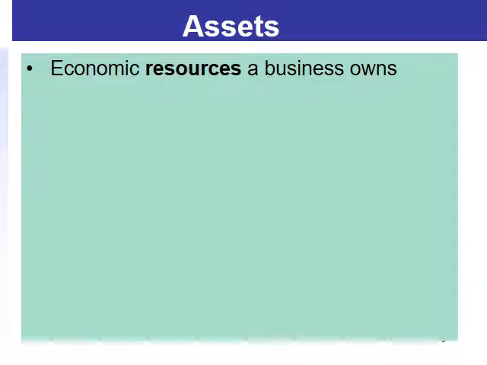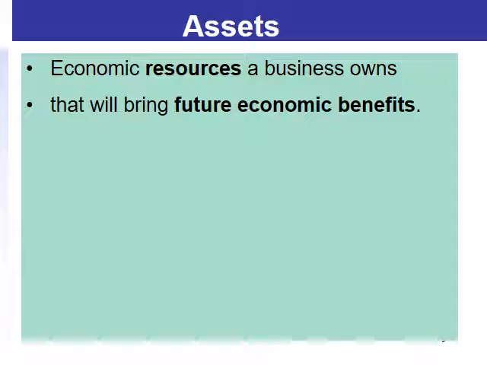Let's look at one of the elements, assets. Assets are economical resources a business owns. Basically, it's owned by the business. That's aimed to bring future economical benefits to the business.